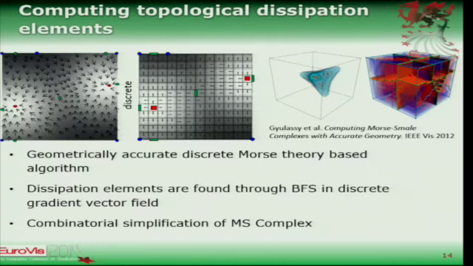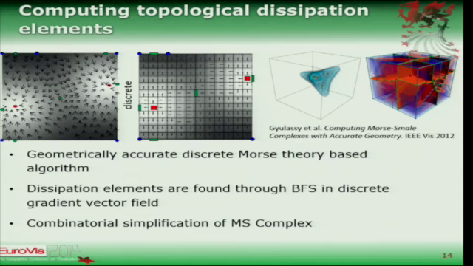So of course, we have to compute a Morse-Smale complex, and we finally reached the point in the field where we can do this on par with the geometric accuracy of integrating things, which is very nice. So we use the geometrically accurate discrete algorithm we presented at Vis in 2012 to compute a discrete gradient field.